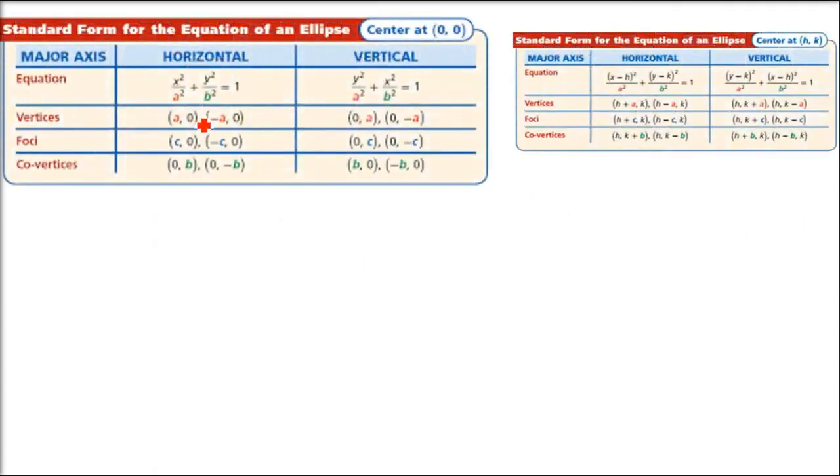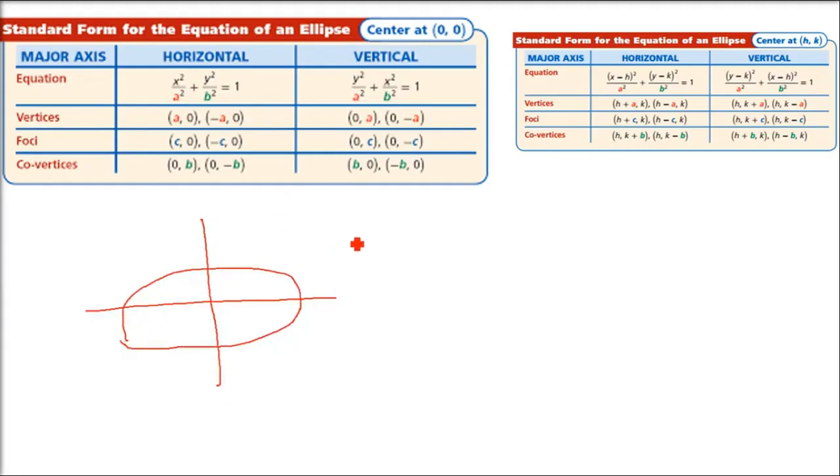So let me add a few more things here. There are 2 types of ellipse. One is the horizontal ellipse, one is the vertical ellipse. So we have all talked about the horizontal ellipse. So what will be the changes when we draw a vertical ellipse? So this is an ellipse. This is the x-axis. And then when we make a vertical ellipse, the major axis will be on the y-axis rather than on the x-axis.